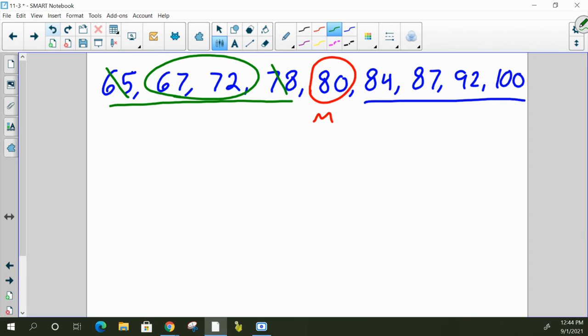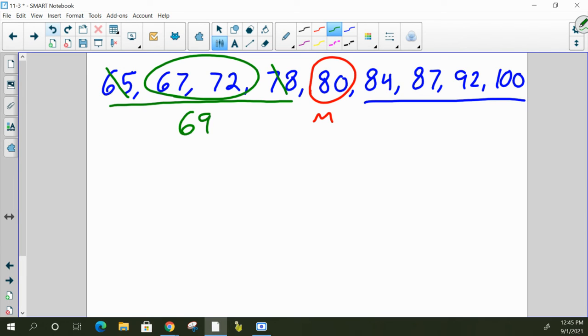Excellent. You all have a calculator on your desk. Add 67 plus 72. Press equal sign and then divide it by 2. There you go. All right, anyone get an answer?